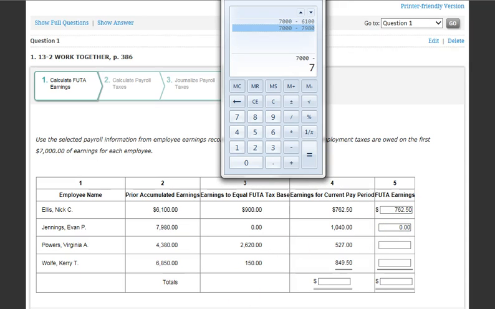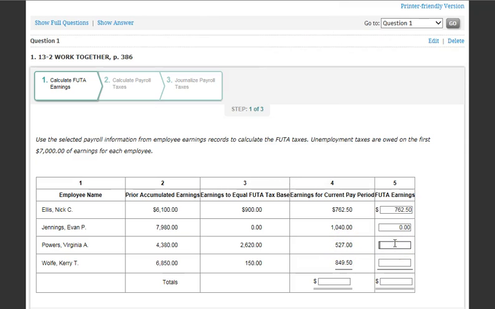7,000 minus 4,380. Oh, I'm so sorry. 4,380. There we go. That number goes in right here, and then the earnings for current pay period there. The smaller of the two numbers goes in the FUTA earnings, and I'm not going to show you the last one.